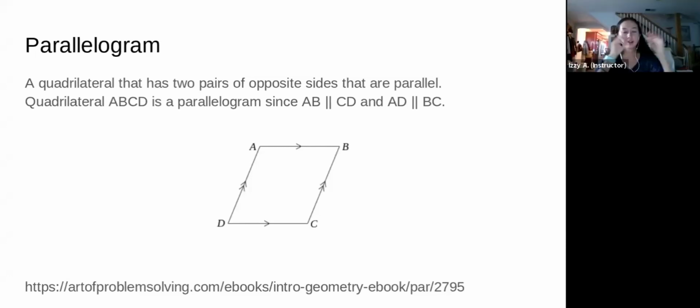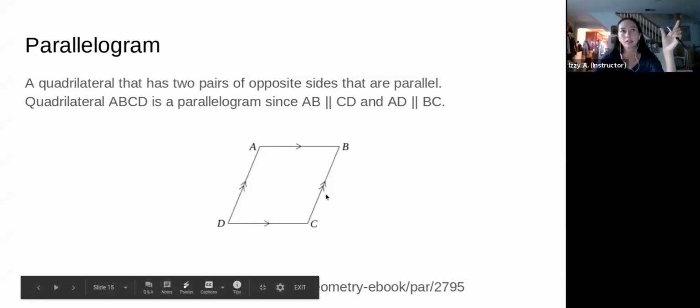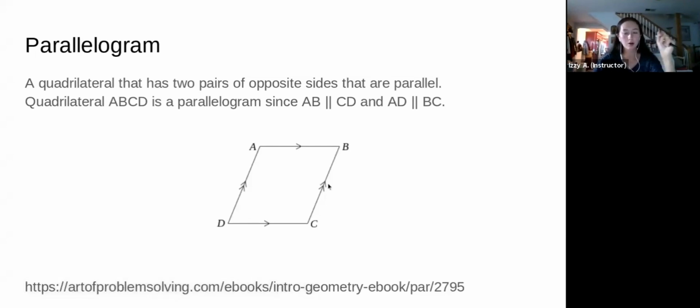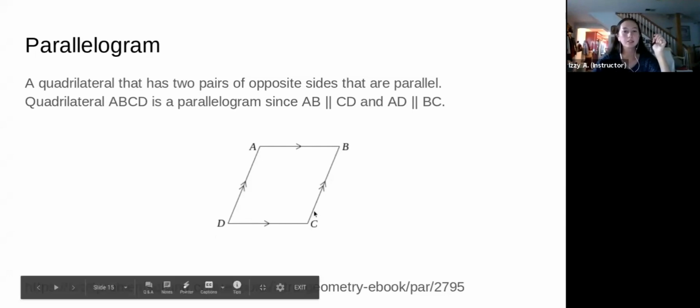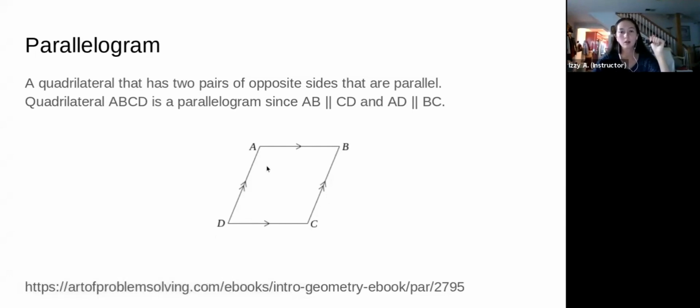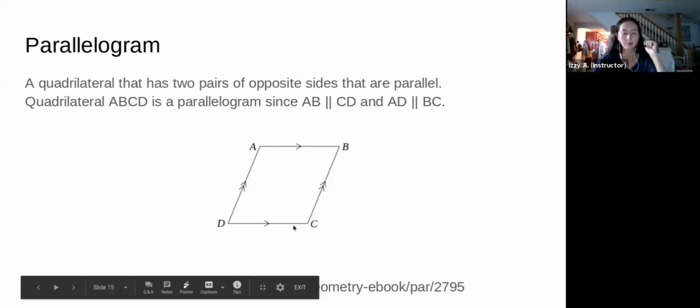They're two different pairs of parallel lines, or parallel segments, I should say. But yes, so AD and BC would have the same lengths, and then AB and DC would have the same lengths.